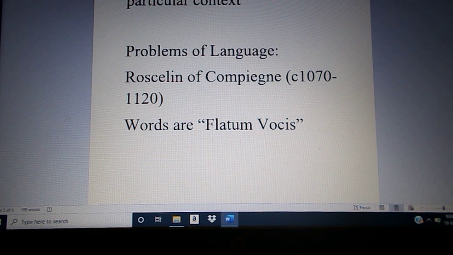What Roscelin was doing was actually countering a whole history of linguistics. Because going back to the ancient Greeks, where most of our knowledge really originates, you have this idea of universals, that the things that exist in this world are perhaps illusory copies of a reality that's somewhere else.